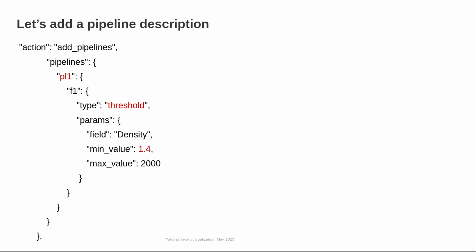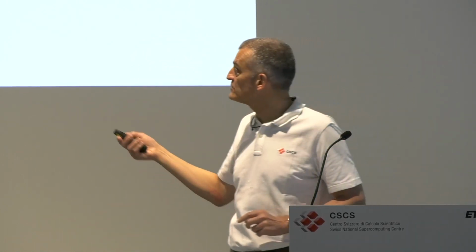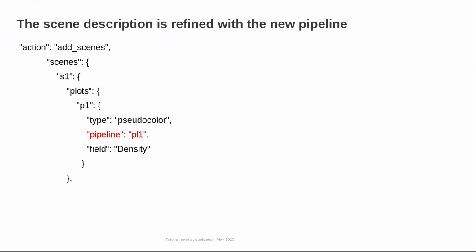So here in your visualization pipeline, you can add as many filters as you wish. And then the last operation is to make the image, and you tell Ascent to make the image with the pipeline that you have defined.